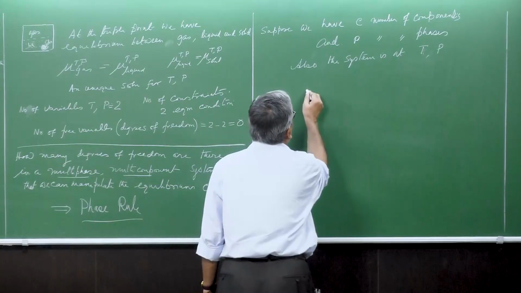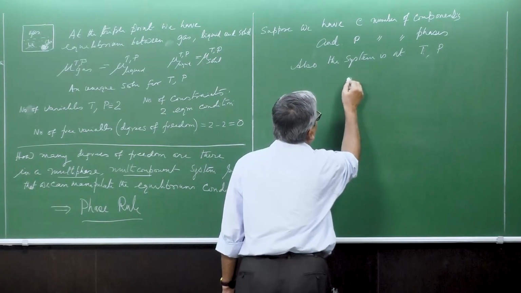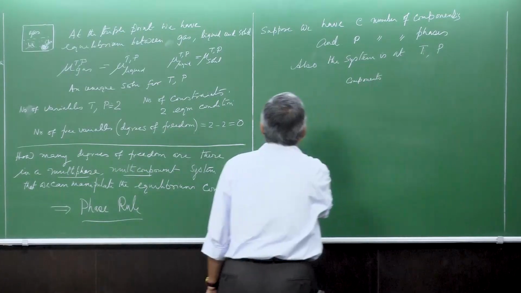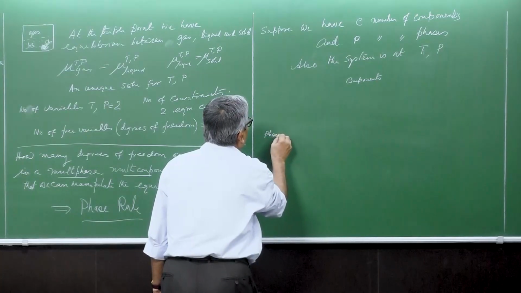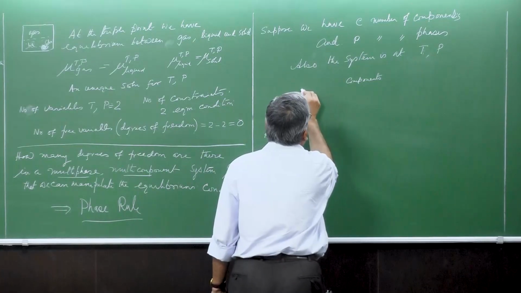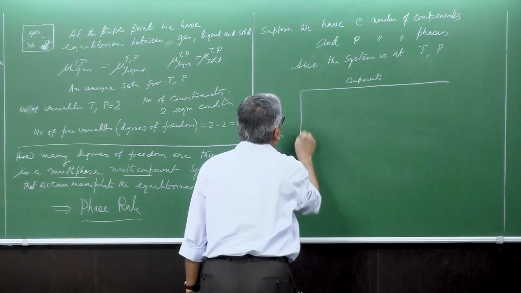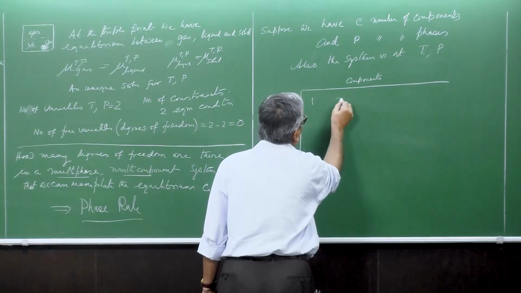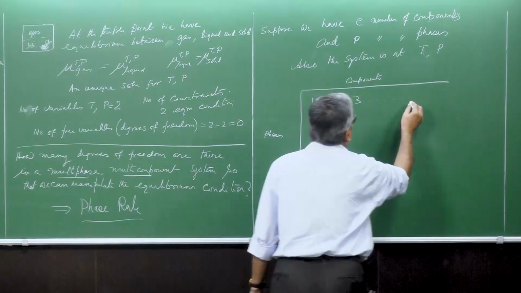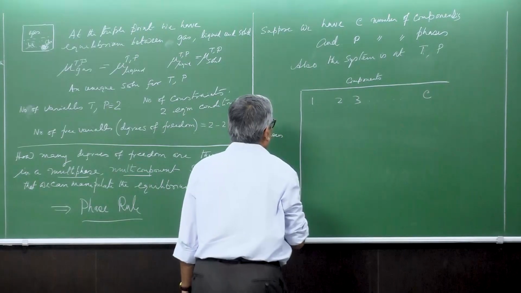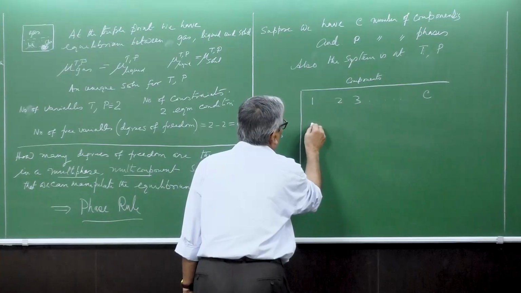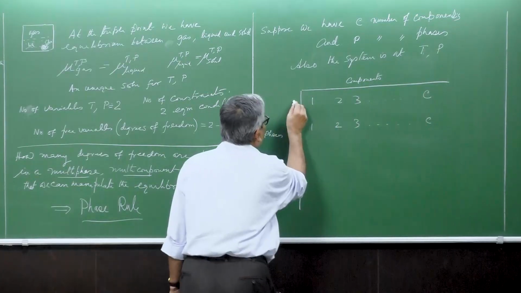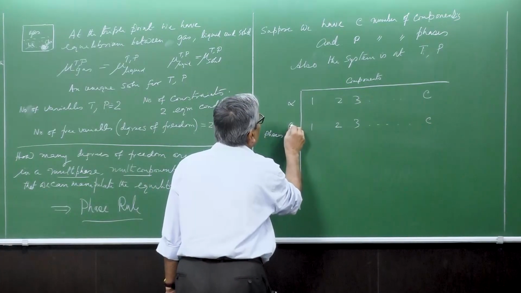The thing is this, say I have component 1. If I write down the components and the phases, I have components 1, 2, 3 up to C, the number of components, and again 1, 2, 3 up to C. This is for the alpha phase, and this is for the beta phase.